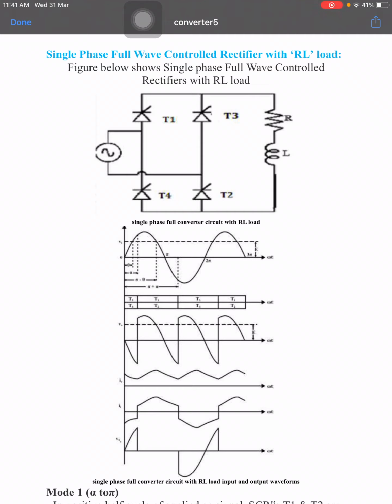Here see the waveform. The first waveform is the input waveform, and the second, the boxes T1, T2, T3, T4, is the firing angle representation. See V0; is there any short circuit at the origin point? In the first waveform, the inductor is discharging, as shown in the third waveform. The first positive half cycle is T1, T2, the negative half cycle is T3, T4, and again the positive half cycle is T1, T2 and the negative half cycle T3, T4.